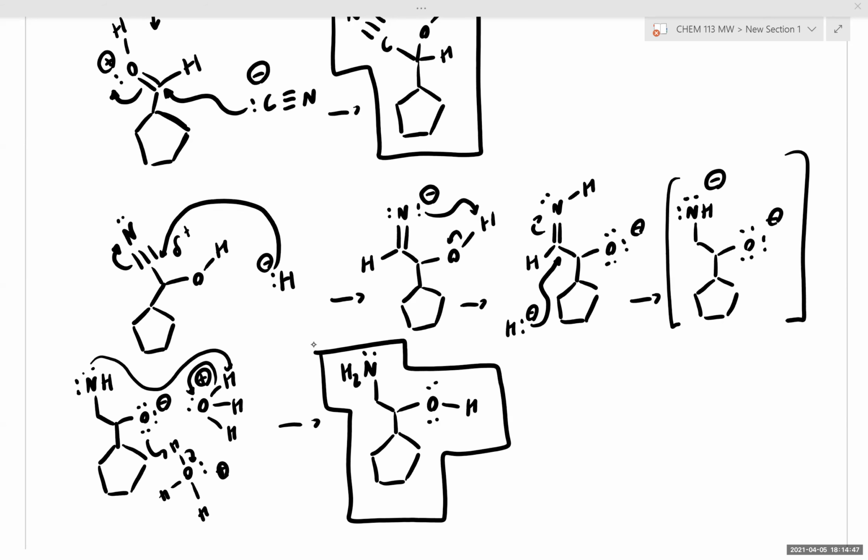It's quite basic. That is commonly drawn for the mechanism for nitrile reduction, but for this particular substrate, I showed the proton transfer. And that's just appreciating the fact that alcohols are acidic.